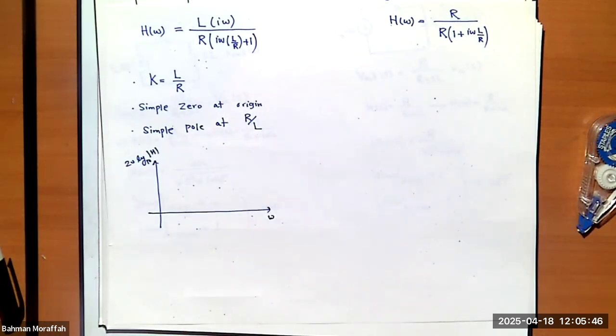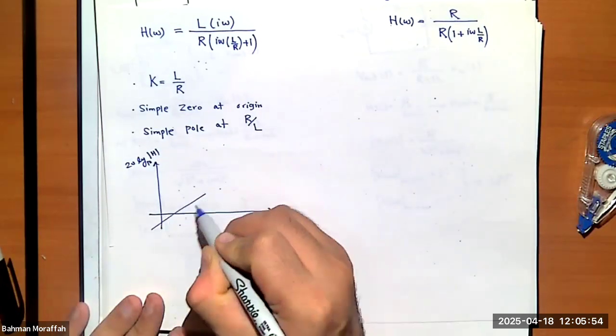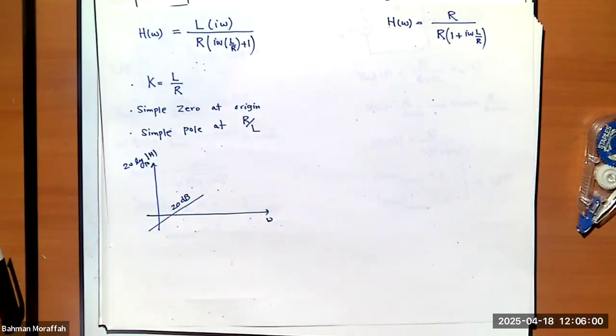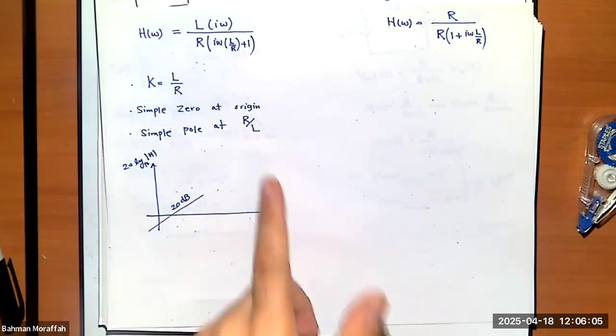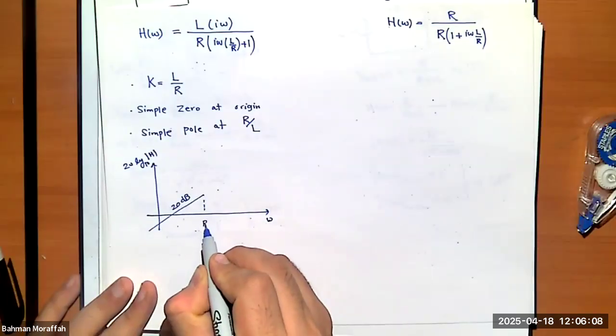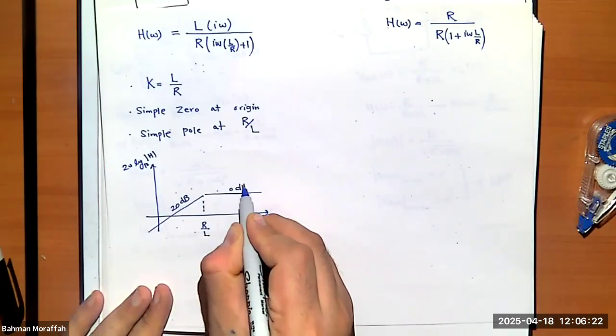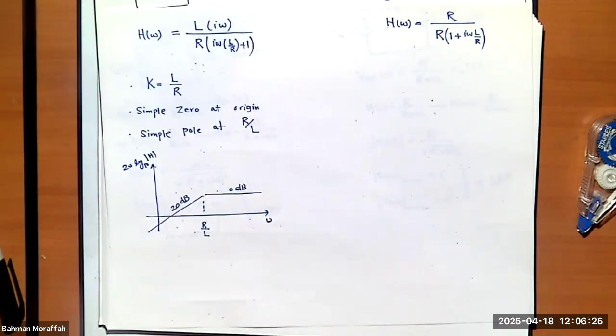Well, I have a simple zero at the origin. I'm going to go from negative infinity up by 20 dB per decade. So it would look something like this. Right? And then it keeps going up till I hit my pole at this R over L. Right? I'm going up by 20 dB, I hit the pole that's going down by 20 dB. So what's happening over here? It becomes flat. Right? Which is indeed a high pass filter.